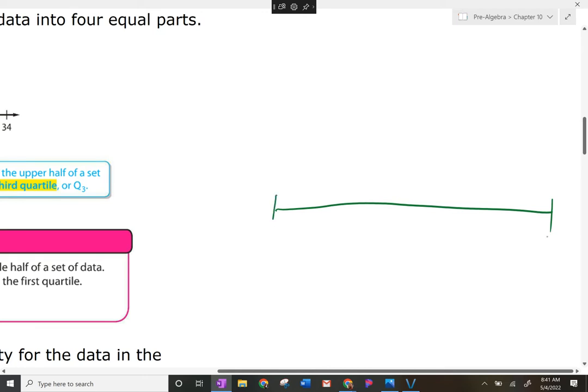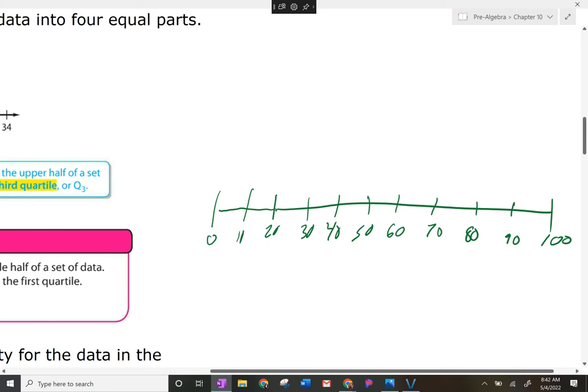I've got 100 over here. I'm going to say this is 90, 80, 70, 60, 50, 40, 30, 20, 10, and 0%. These are all my percentages here.